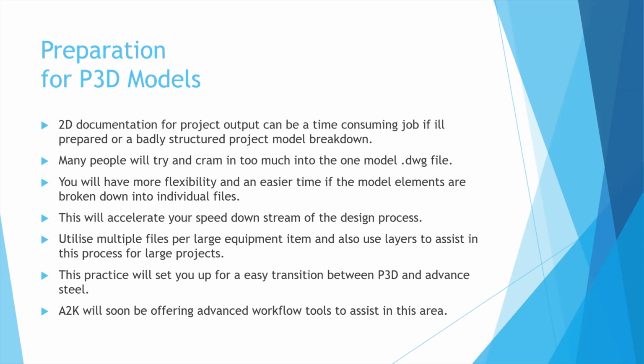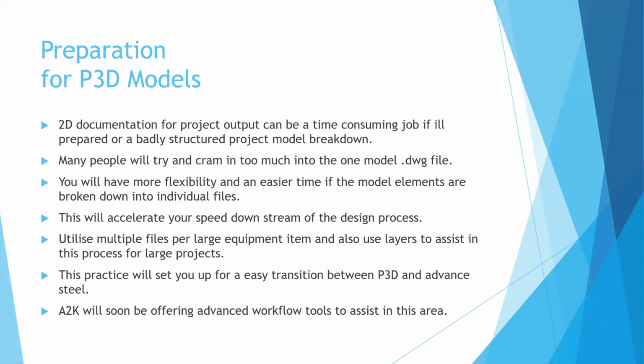Right, so we do actually have to do a bit of preparation for the Plant 3D models. The 2D documentation for a project output can be a time-consuming job if the project model breakdown is not prepared properly or is badly structured. That is to do with the project tree in Plant 3D. This will cut you off at the knees if you don't have it set up properly and you've got lots of people working with you.